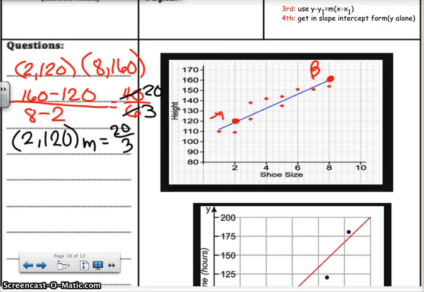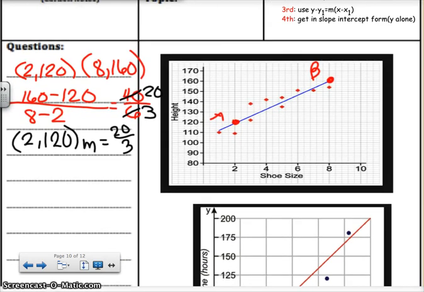Okay, now I'm not done with step 3. I'm still working through it. Here I go. Y minus the y I'm given is equal to my slope times x minus the x I'm given. I did that. Now comes the annoying part. I have to get y alone. So in order to get y alone, I need to distribute. I see I'm going to distribute a fraction, so I'm going to turn that into 2 over 1.